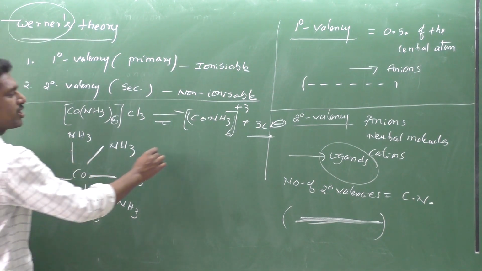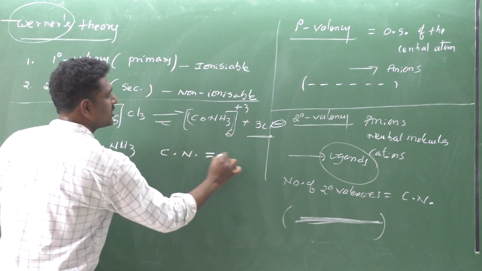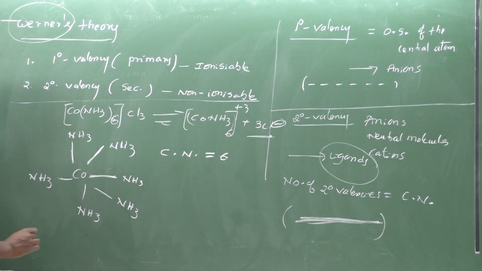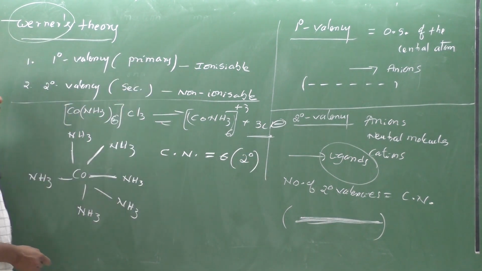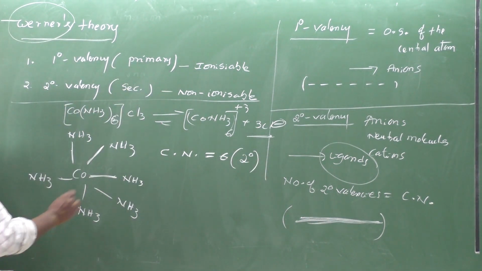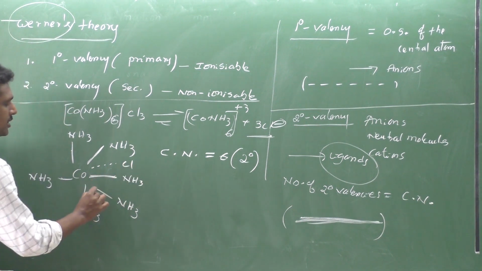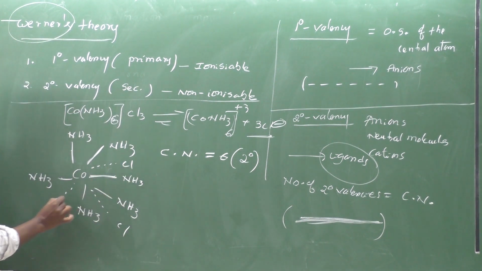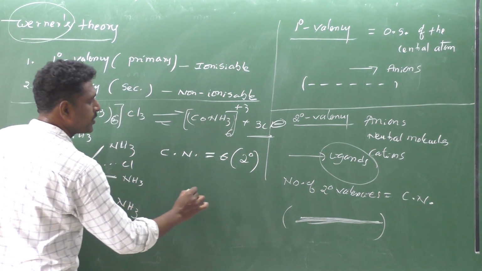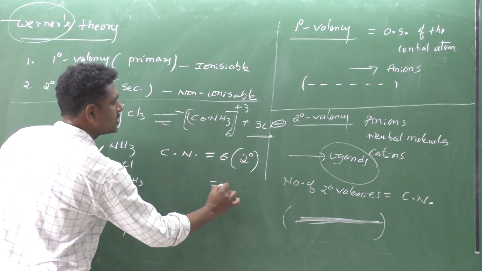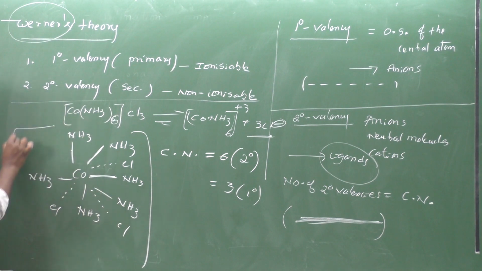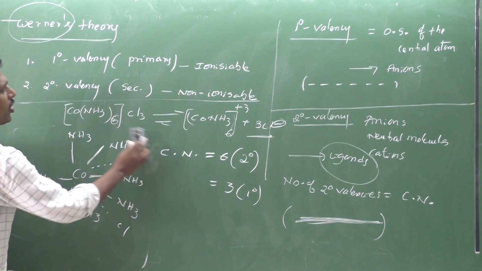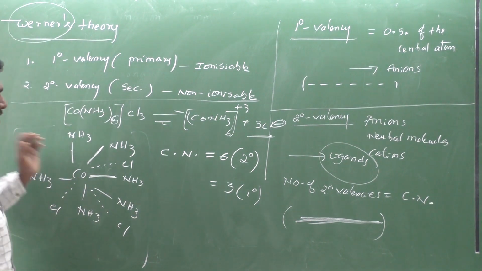Therefore, the coordination number of this compound is 6 only. This is the 2 degree valency, and the primary valency is indicated by dotted lines like this. So here the primary valency is 3. That is the 1 degree valency. This is the structure of Co(NH3)6 Cl3.